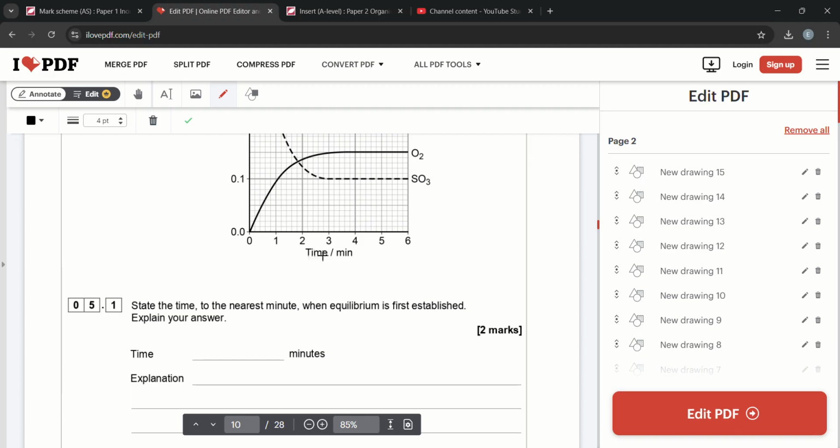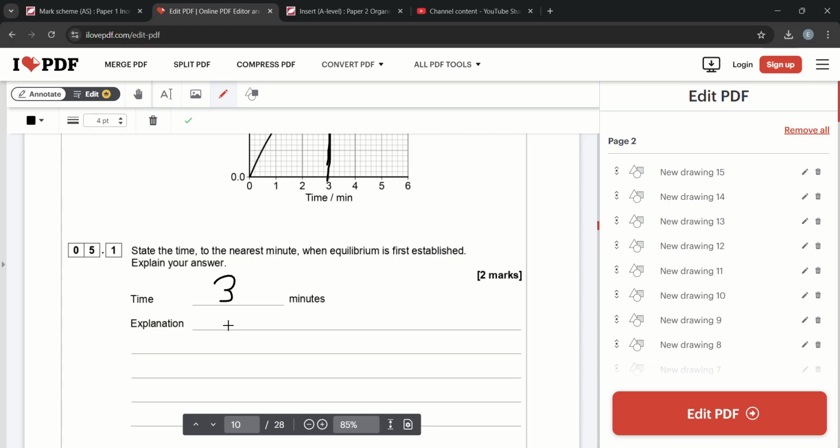Well, it's going to be here. 3 minutes. Why? Well, remember, when equilibrium is first established, the rate of forward reaction is equal to the rate of backwards reaction. So why?